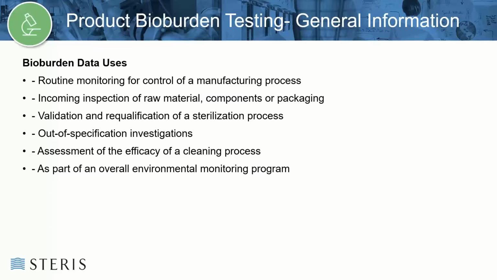Bioburden can also be used as part of the validation or revalidation of a sterilization process. Bioburden testing of component materials may also be leveraged as part of investigations for native product sterility positives or exceeded product bioburden alert and action levels. Bioburden can also be used in the assessment of the efficacy of a cleaning process or as part of an overall environmental monitoring program.